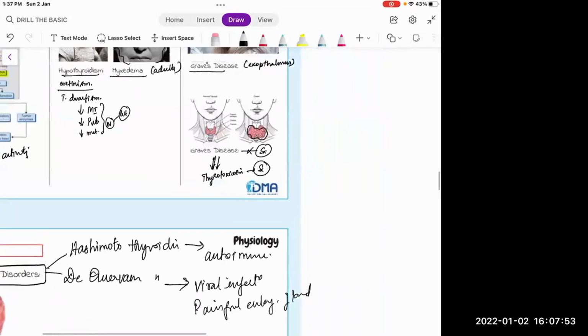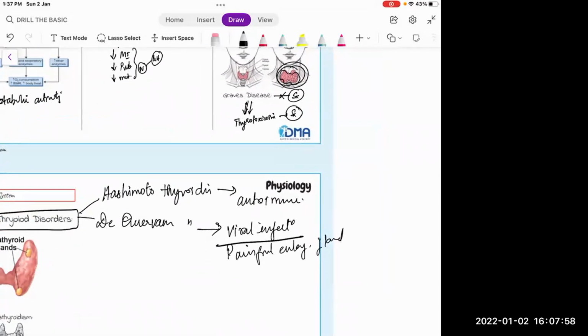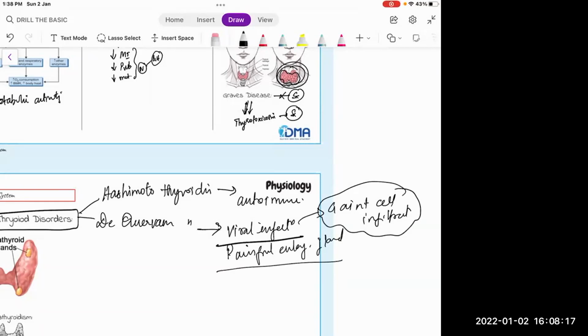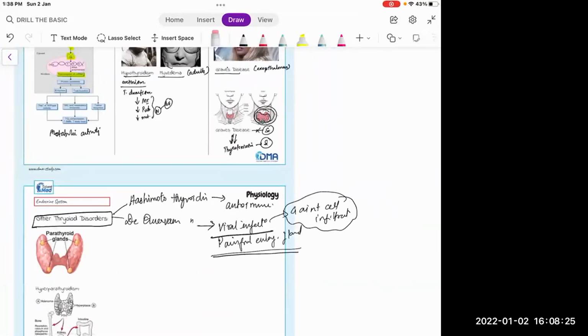Whereas in Graves' disease, it is symptomless enlargement, but here, following the viral infection, there is mainly giant cell infiltration. So these keywords you have to remember. Painless, symptomless enlargement you can encounter in Graves' disease. But the opposite, painful enlargement with symptoms, is De Quervain thyroiditis. Okay, so these are some of the other thyroid gland disorders.